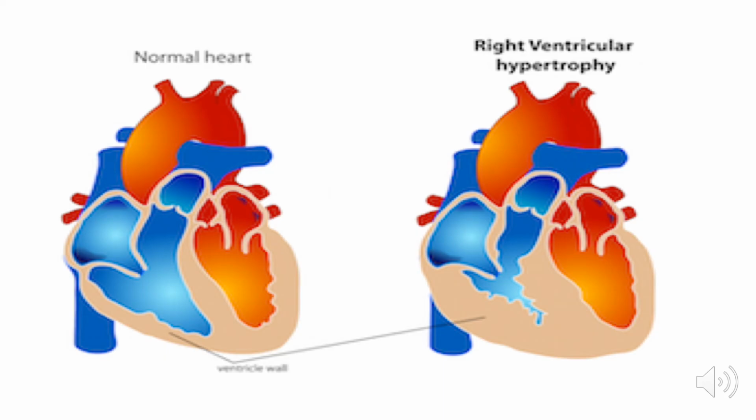And we call that cor pulmonale, C-O-R P-U-L-M-O-N-A-L-E. And the consequence would be right ventricular hypertrophy, because the right ventricle will have to double its effort just to pump the blood towards the lungs for reoxygenation.